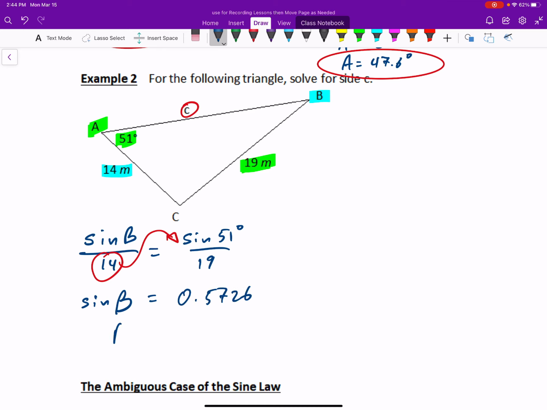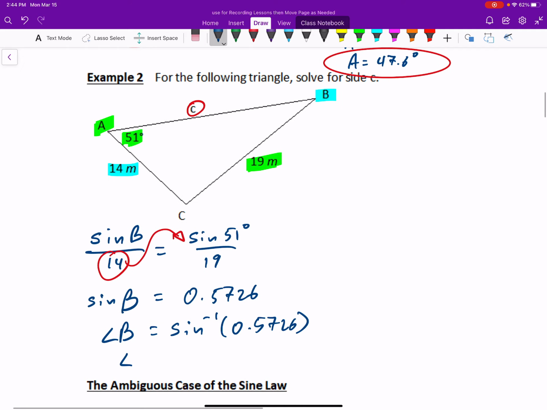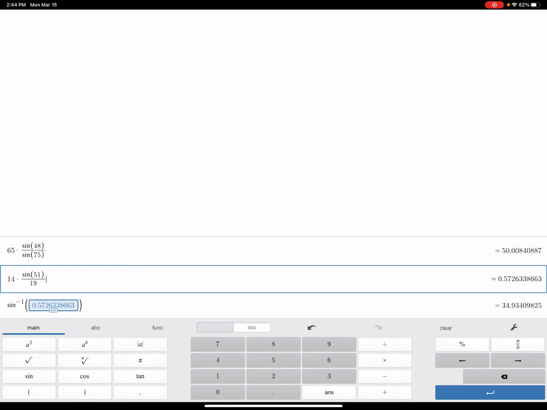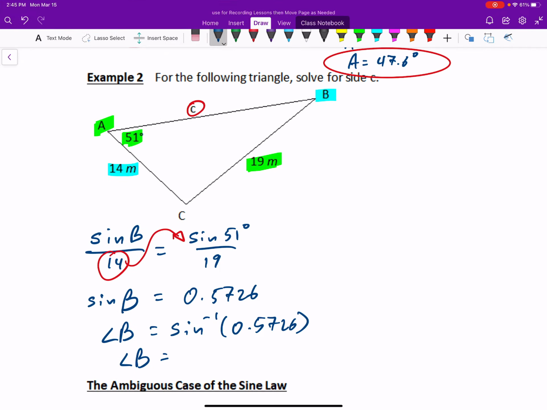And then that means that angle B is going to be the inverse sine of that. I already have that on my calculator because it just changed when I changed my other numbers. 35 degrees if I round it to the nearest degree. So I've got 35 degrees for angle B, which is great, but that's not what they asked for, of course. The reason I wanted to find it is because now I can get angle C.